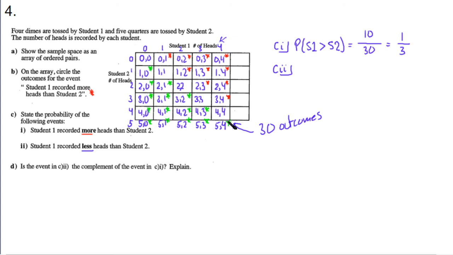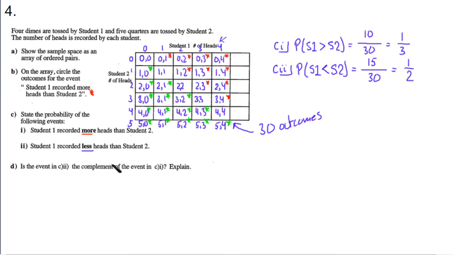Okay, all of these entries here would represent student 1 recording fewer heads than student 2. So it's the probability of student 1 recording fewer heads than student 2. The number of favorable outcomes: 1, 2, 3, 4, 5, 6, 7, 8, 9, 10, 11, 12, 13, 14, 15. And we still have a total of 30 outcomes. 15 over 30 is the same as a half.